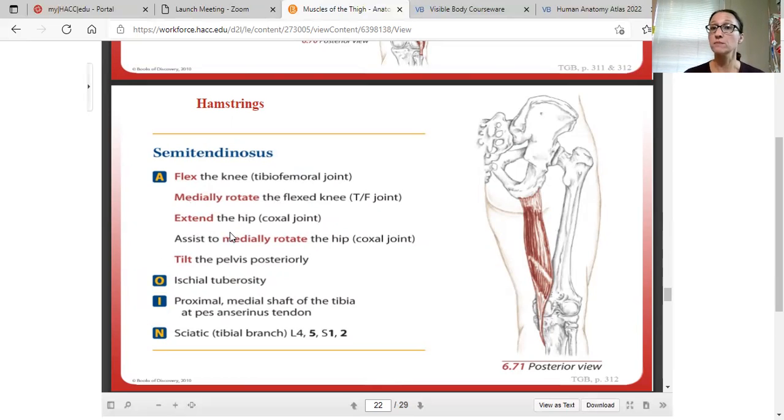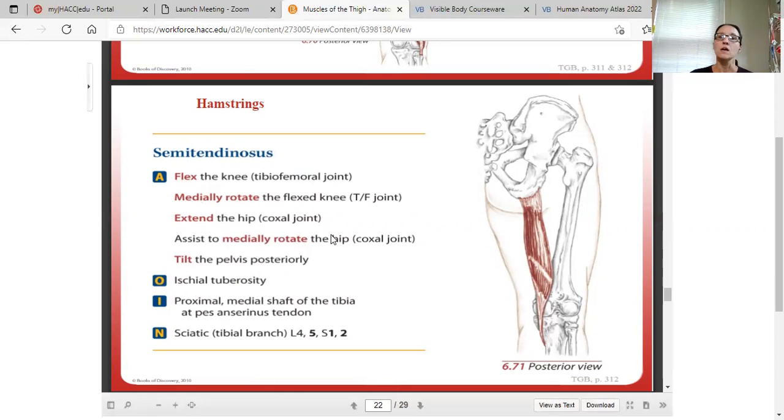And then, of course, we have some hip actions as well because we do cross the hip joint here. So we extend the hip because we're on the posterior, we're going to have extension. And then assist to medially rotate the hip. So here are medial actions here. Medial rotation of the flexed knee, assist to medially rotate the hip.